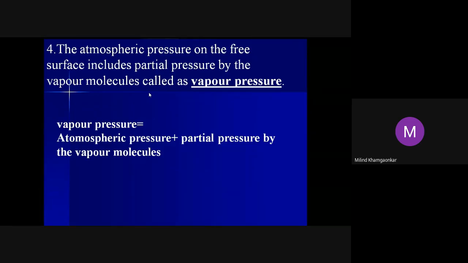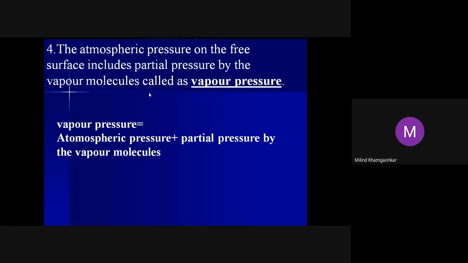We know that at the surface of the water body there are two pressures acting.